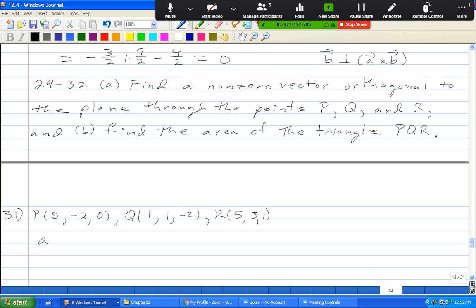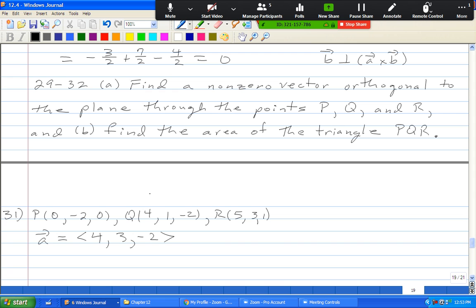Okay, so let's find a vector in the plane. So let's just subtract. Let's go from P to Q. And so 4 minus 0, 1 minus a negative 2, negative 2 minus 0.